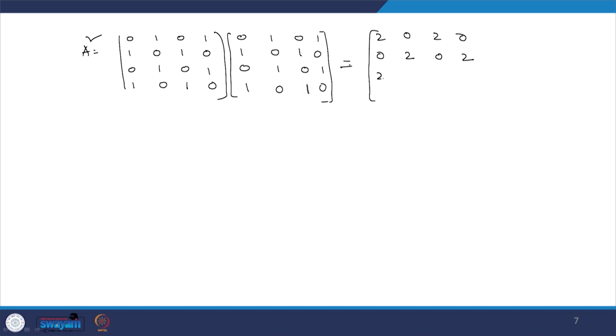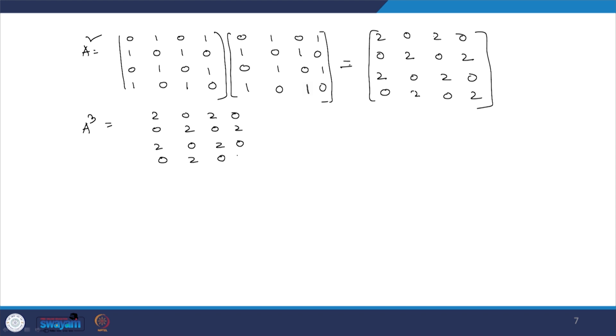So, you can check it, next row will be 2 0 2 0 0 2 0 2. See, if I go for AQ equal to what? 2 0 2 0 0 2 0 2 2 0 2 0 0 2 0 2.